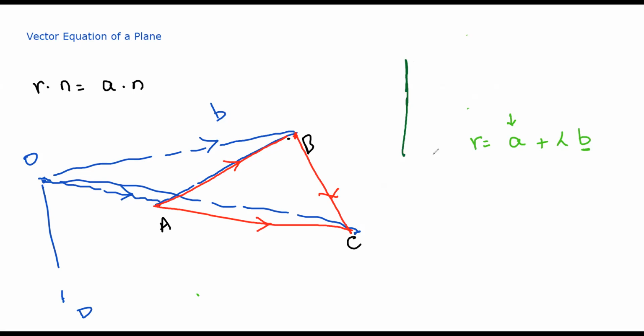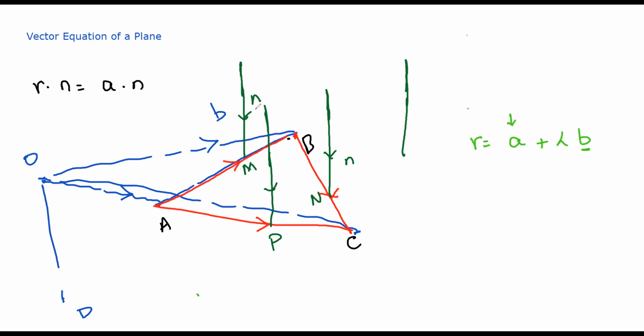If I draw that normal over here, this is your n. Suppose this is your m, this is your point n, this is your point p over here. What do you think?